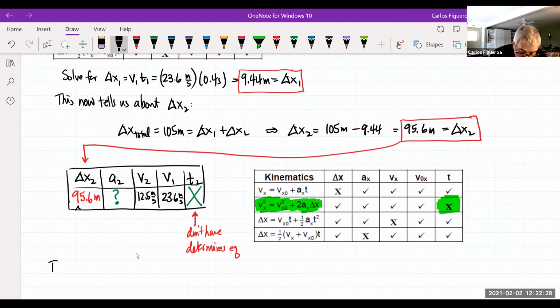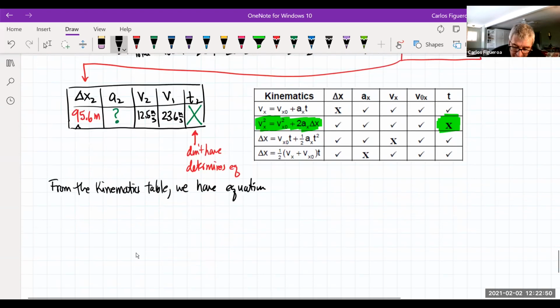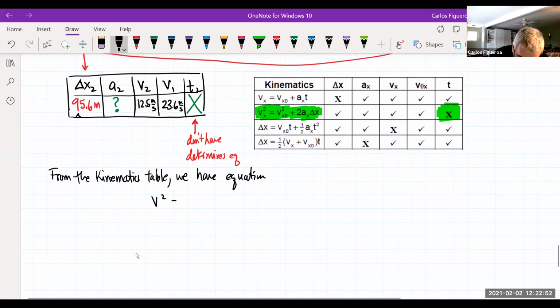So from the kinematics table, we have the equation v squared equals v1 squared plus 2a delta x.